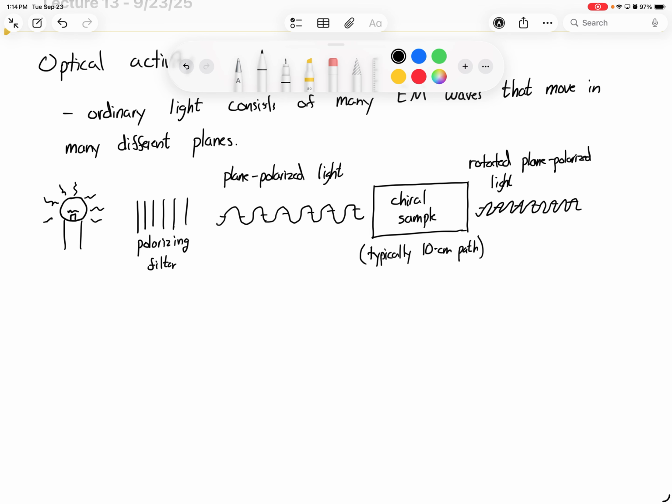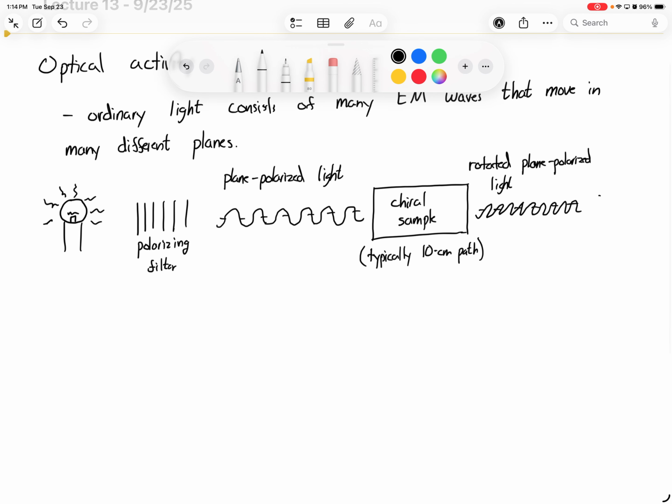Okay, and then lastly, what happens is you're going to have a filter. So we call it a slit or an opening, slash polarizing filter.